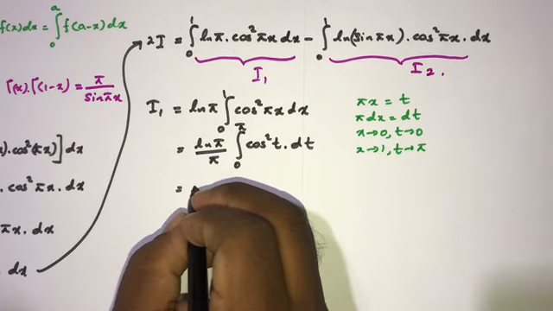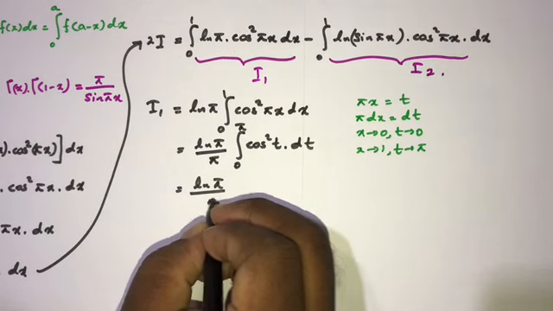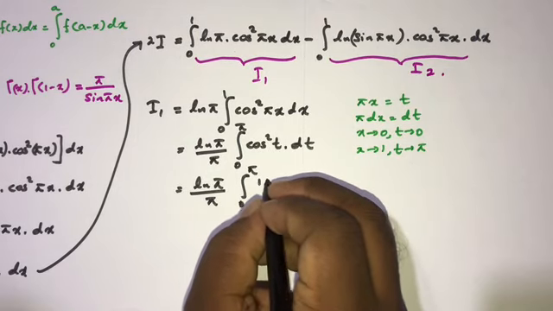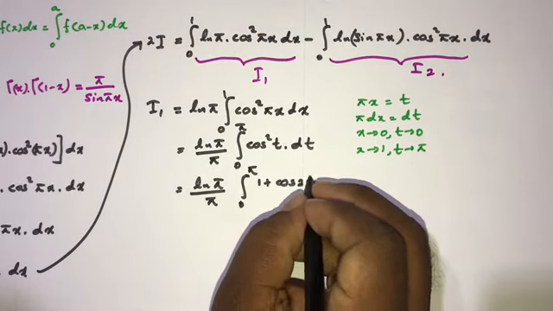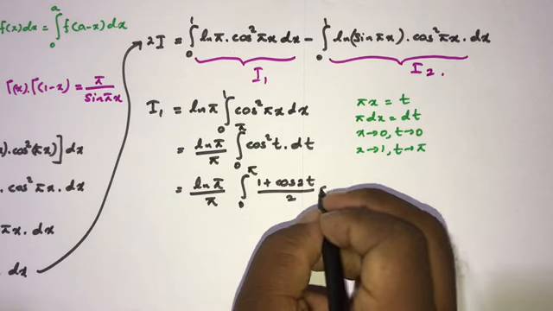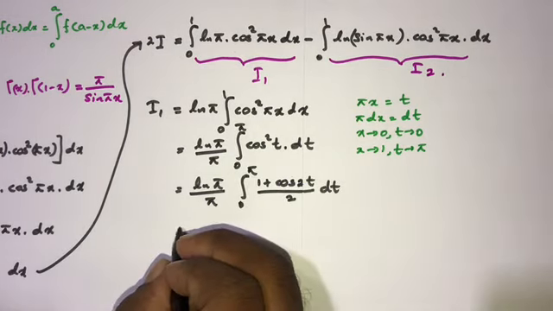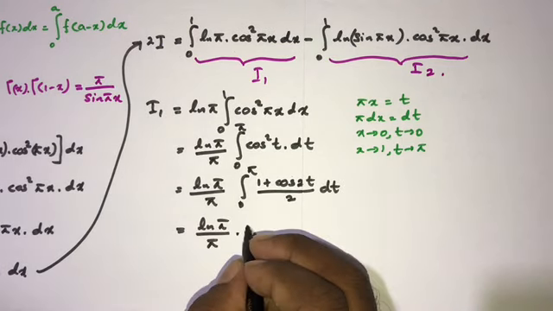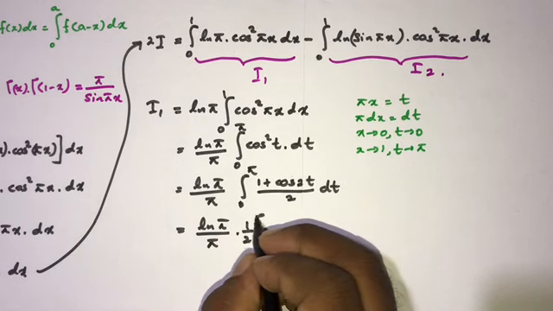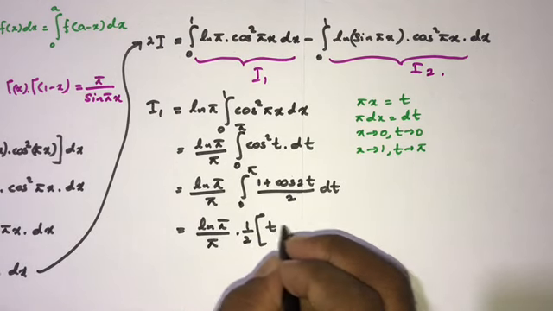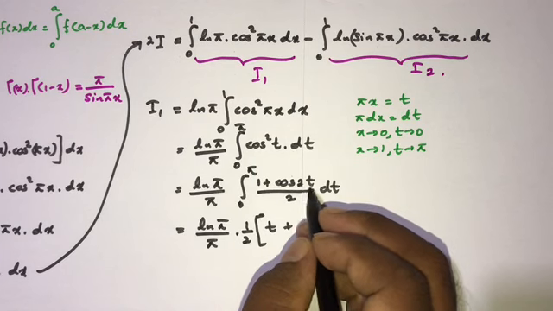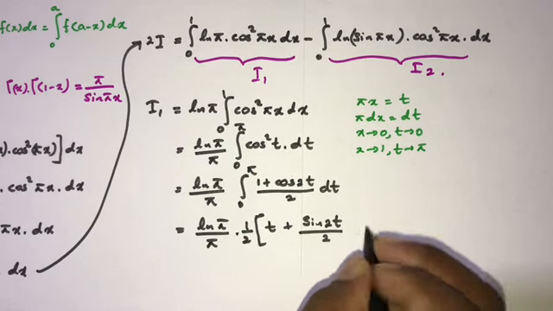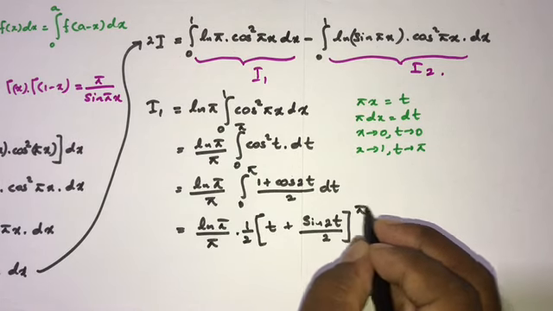Now natural log of pi over pi, the integral from 0 to pi, where cosine square of t is equal to 1 plus cosine 2t over 2, dt. Then natural log of pi over pi, here 2 is a common factor, so 1 over 2, and the integral of dt gives t plus the integral of cosine 2t, so sine 2t over 2, with limit 0 to pi.